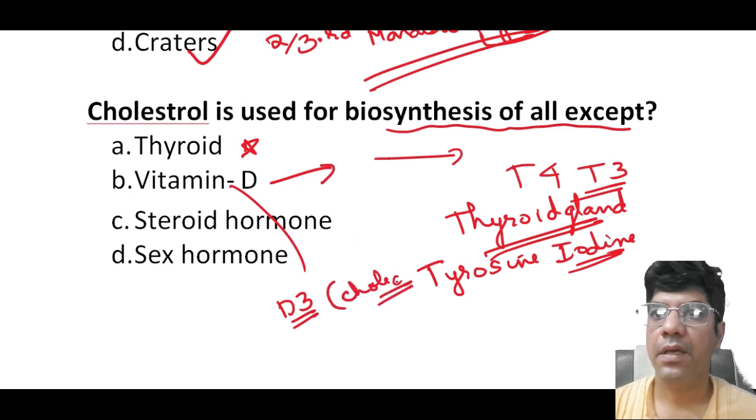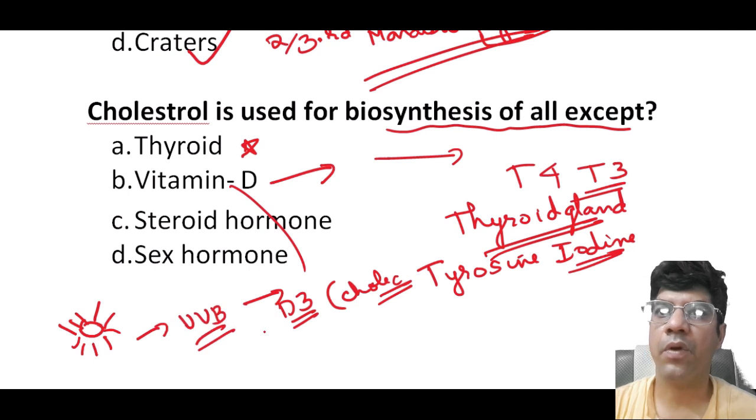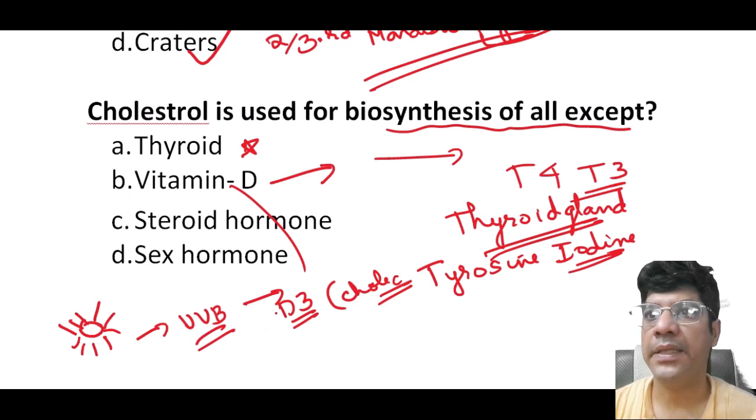So when the skin is exposed to sunlight, remember, UVB radiation converts the 7-dehydrocholesterol, a precursor that is derived from cholesterol, into pre-vitamin D3. So vitamin D is derived from cholesterol.